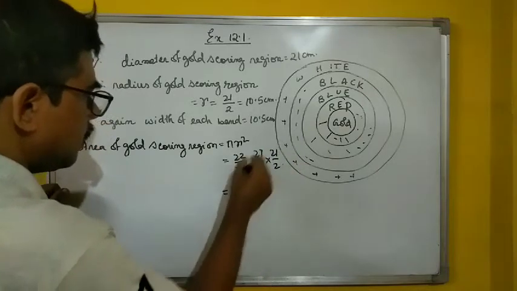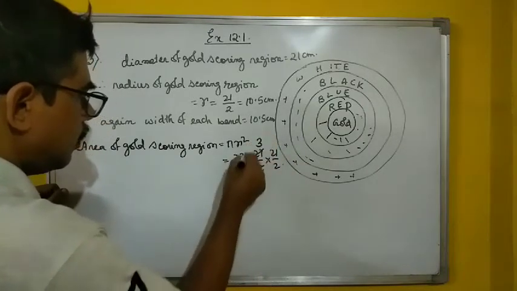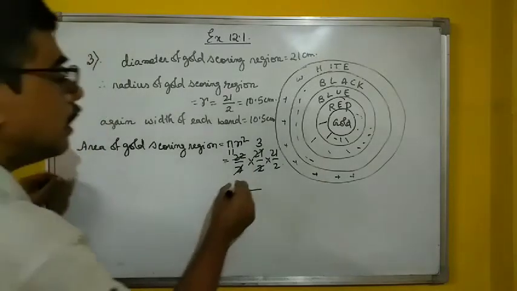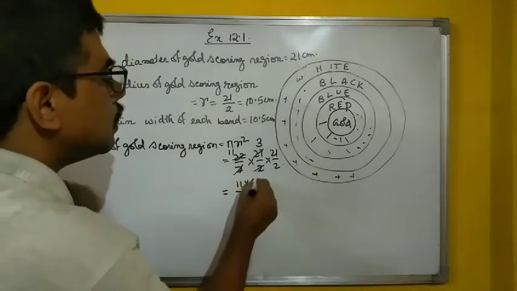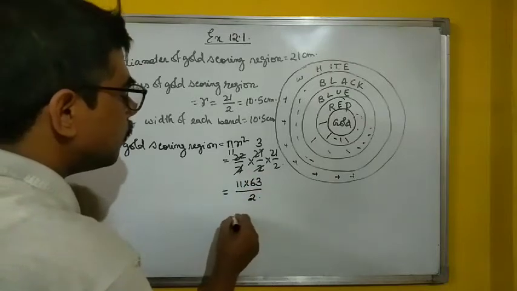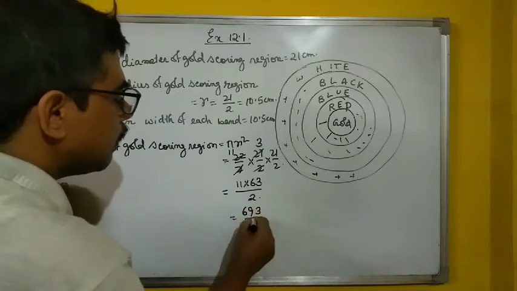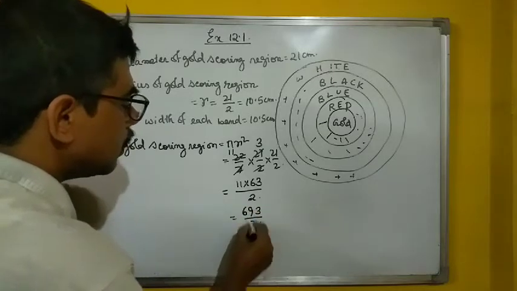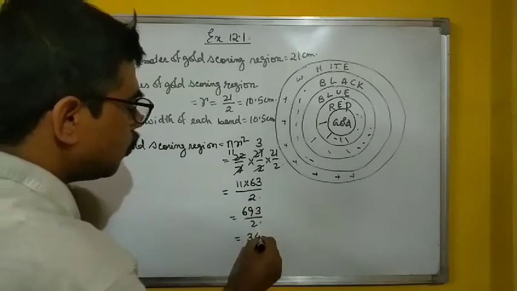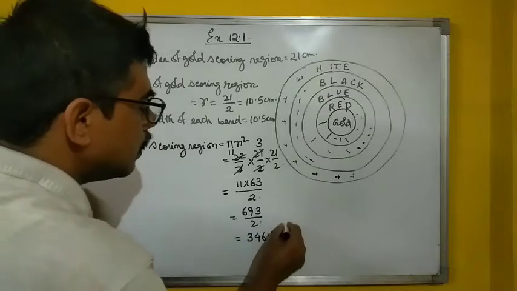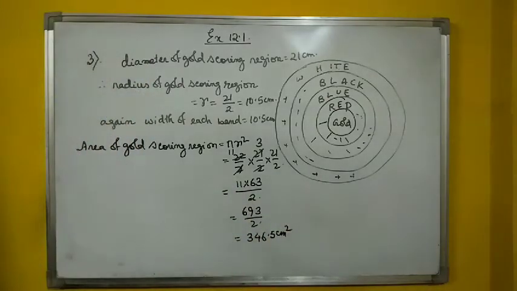With the 7, 21 is 3 times. With the 2, it is 11 times. So it is 11 into 63 by 2. So how much will it be? It is 346.5. This is the area of the gold scoring region.